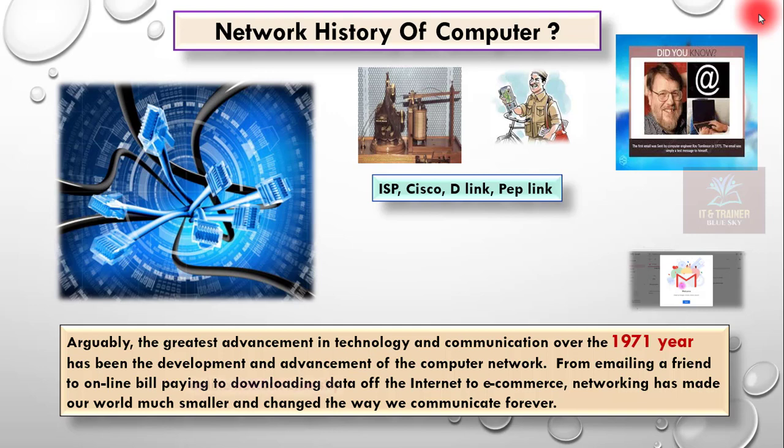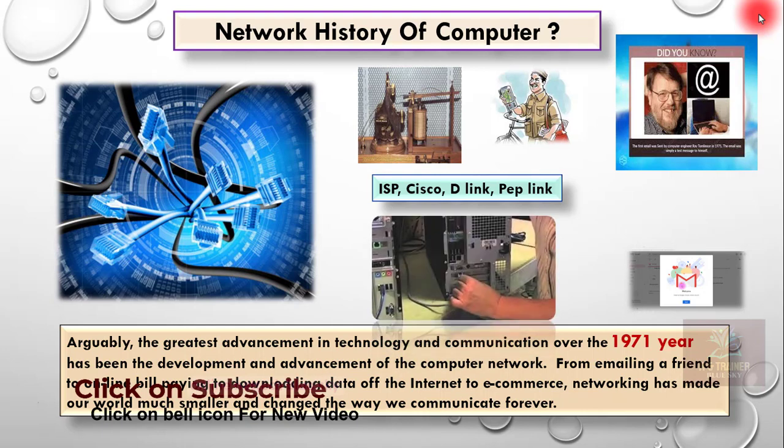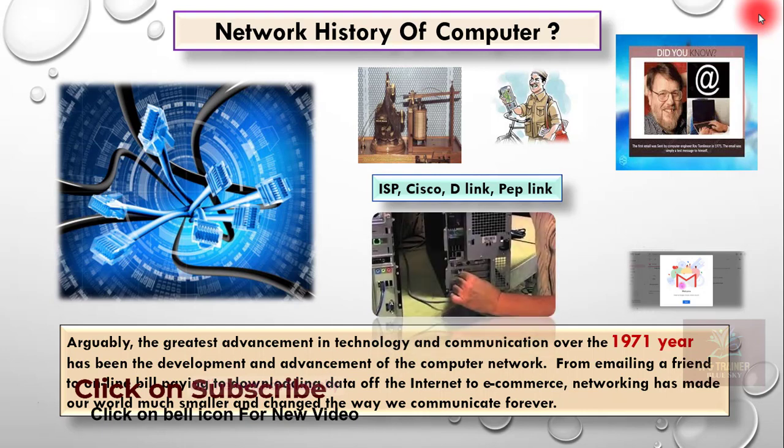Cisco is a company that created different devices, technologies and communication systems. D-Link and other companies followed. A network means one computer connected to another computer. I already told you that in my previous video.